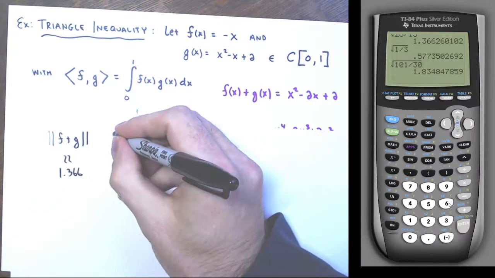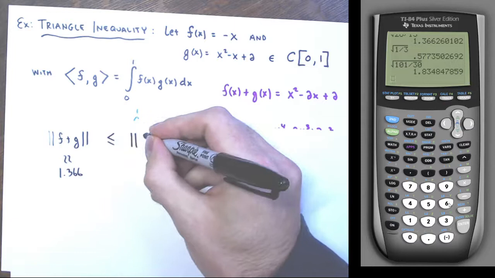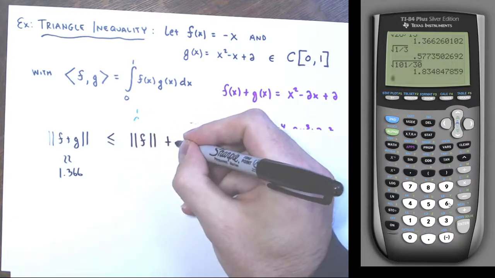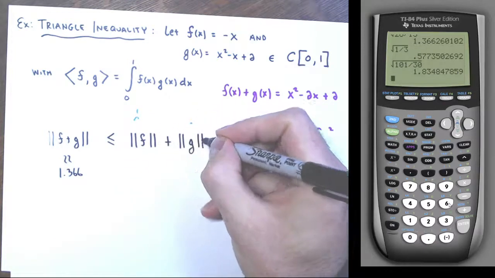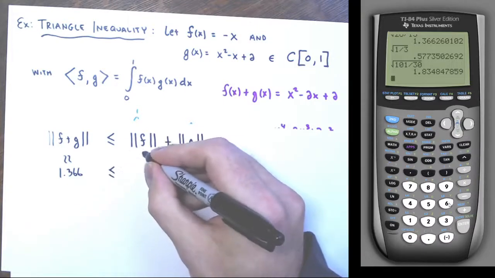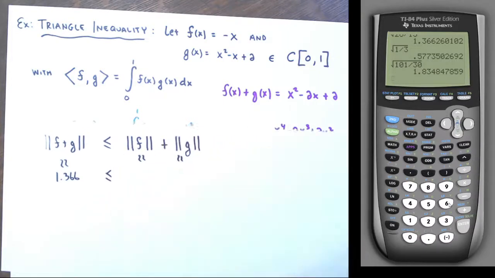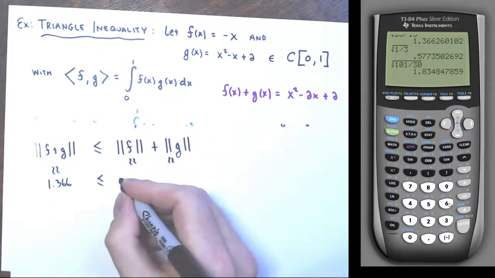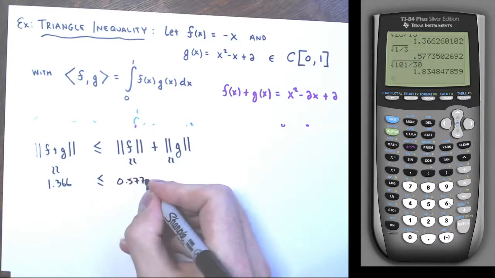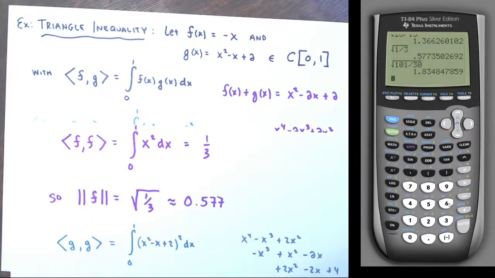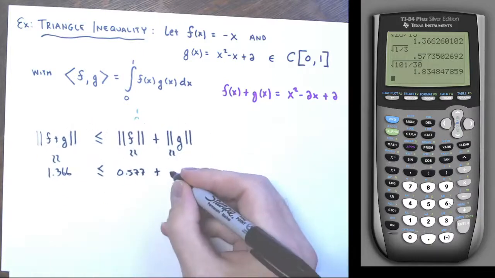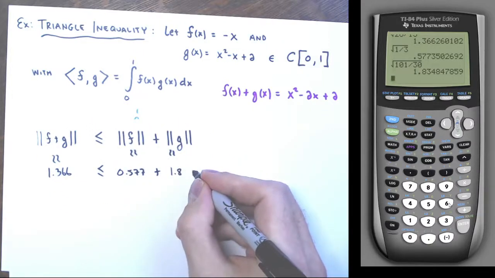Is that less than or equal to the norm of f plus the norm of g? Well, remember these were approximately 0.577 for the norm of f, plus 1.835. I mean definitely, it's even less than the norm of g, 1.835.